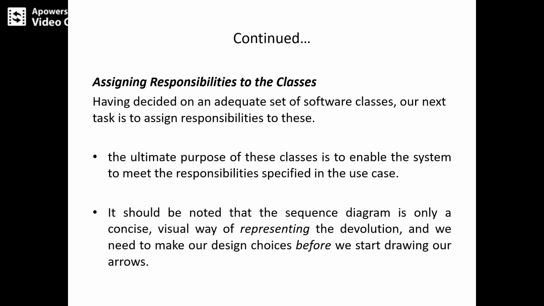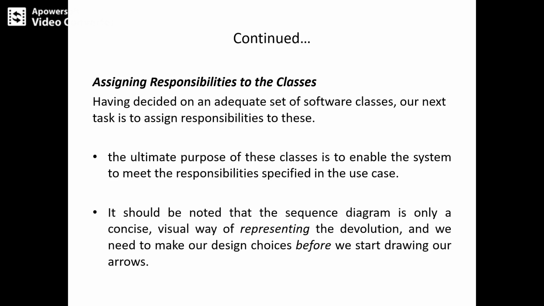It should be noted in the sequence diagram, which we are going to study in the next slide. How the classes interact sequentially is called the sequence diagram, which is a visual way of representing the interactions.